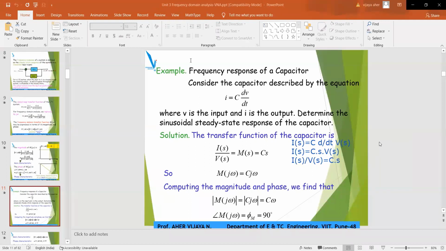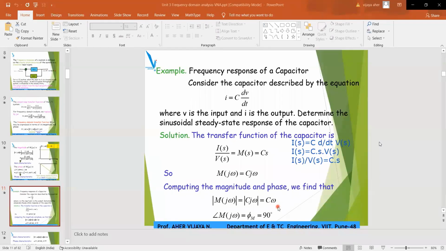So the magnitude of M of j omega is nothing but the mod of this equation. And in order to find the phase of M of j omega, you have to take the angle. So the mod of M of j omega is equal to the mod of C j omega, which is equal to C into omega.